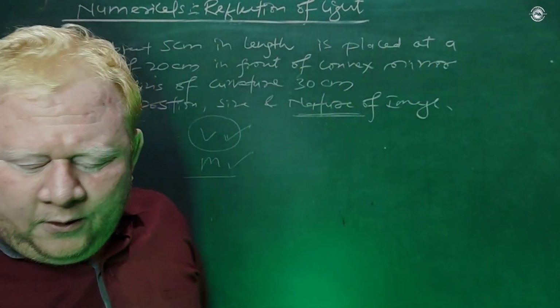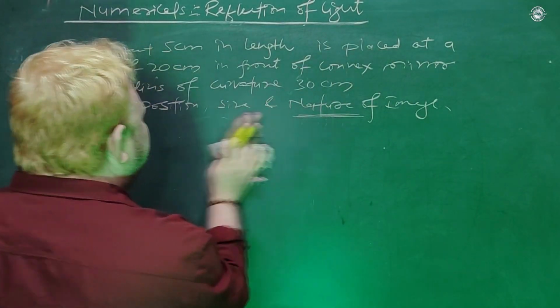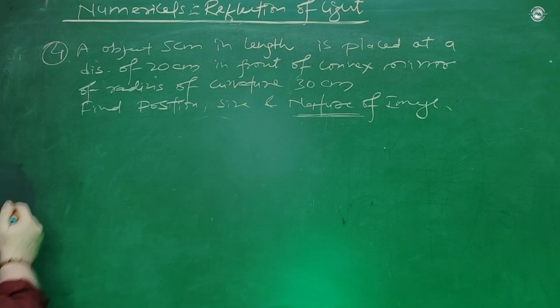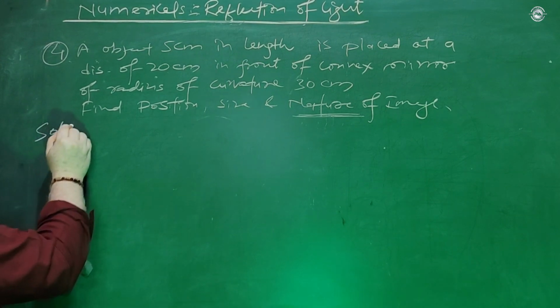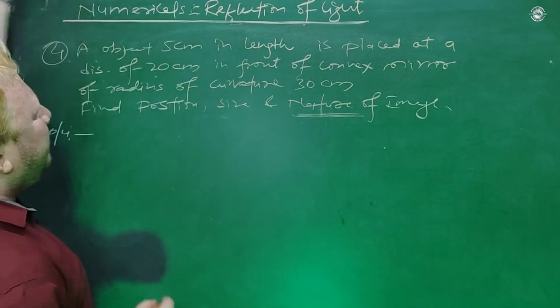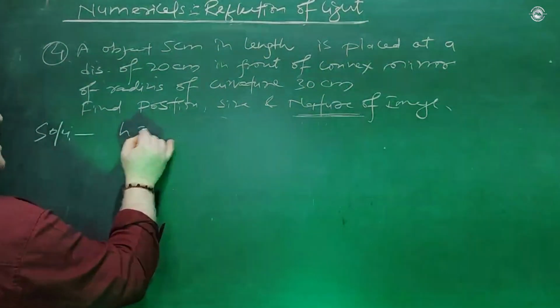Okay, so let us discuss the solution. How will you approach? Solution. Object of 5 centimeter length, that is h is equal to 5 centimeter.